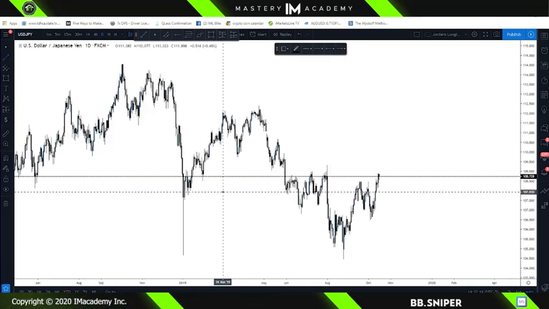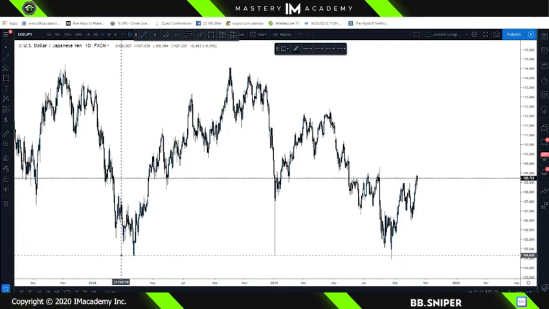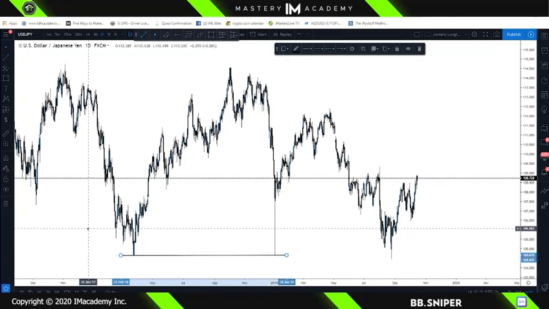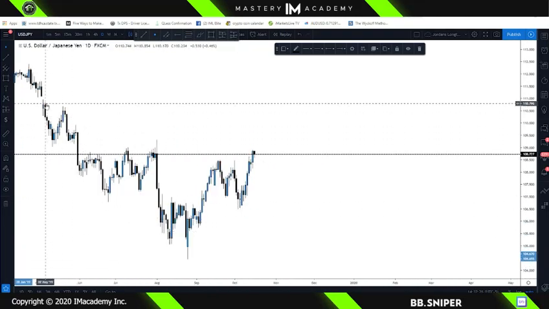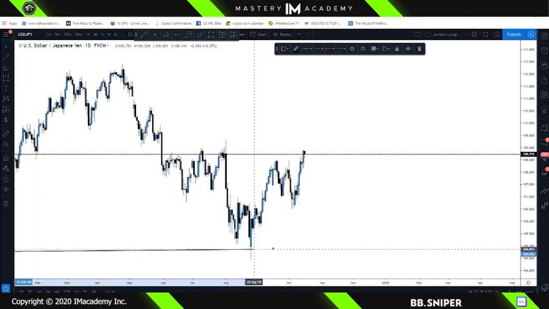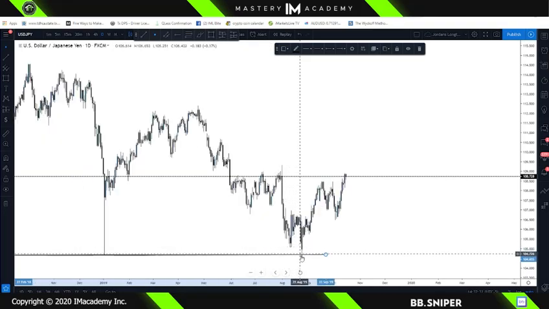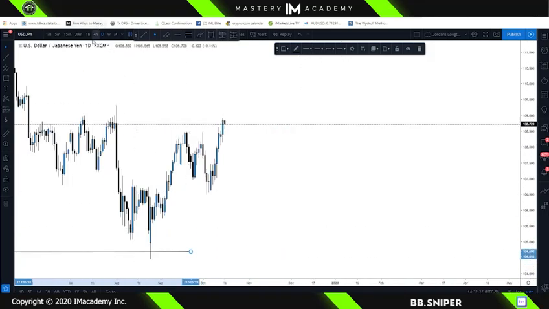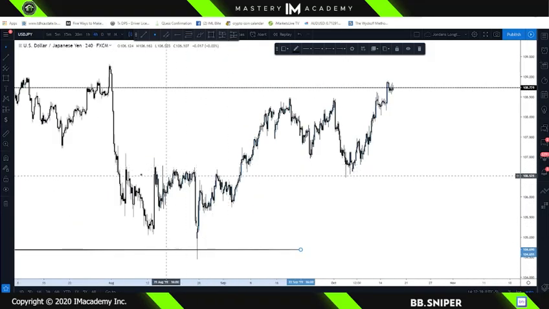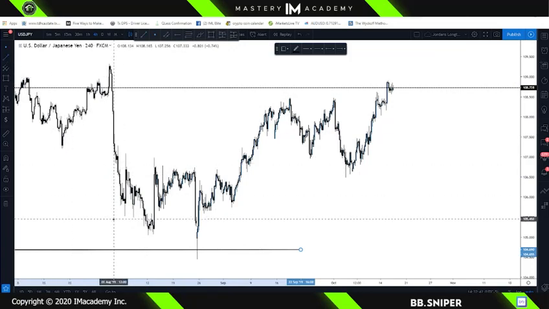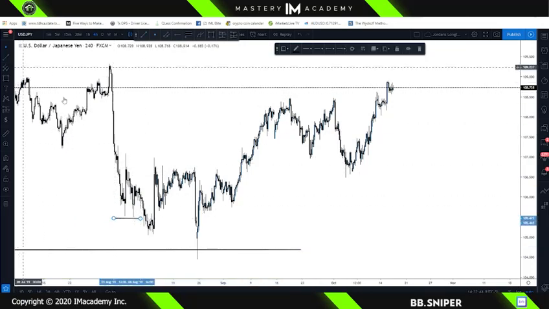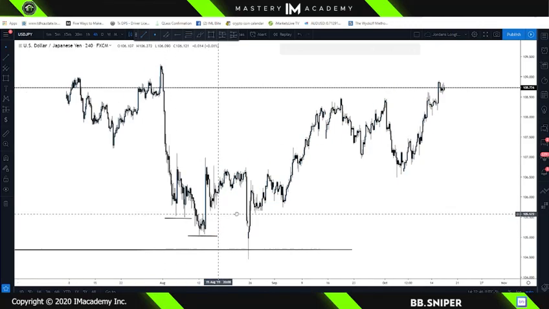Notice how before price goes the other way, equal lows are formed. Price dips underneath equal lows, reverses. Notice how equal lows are formed again.